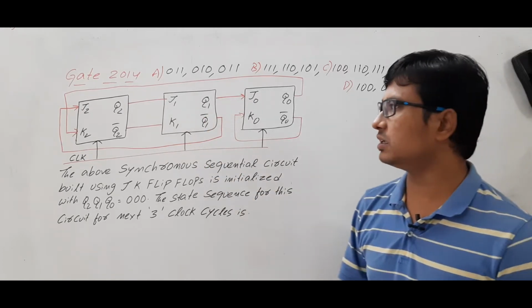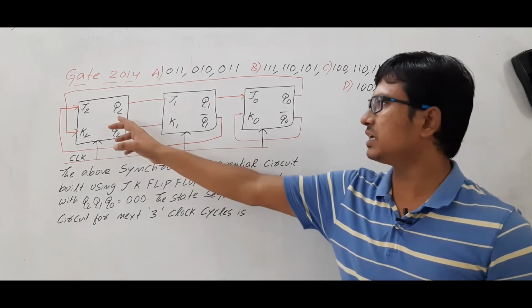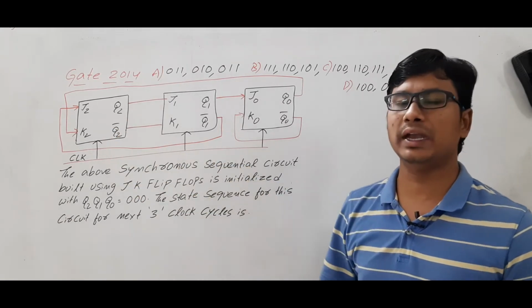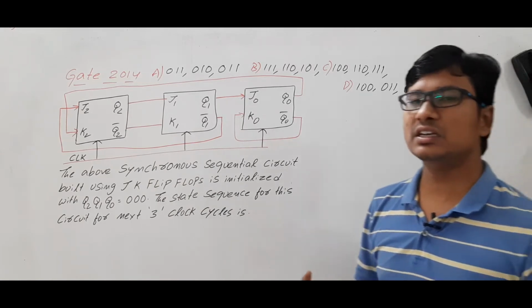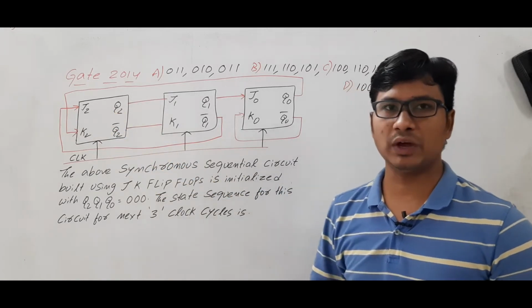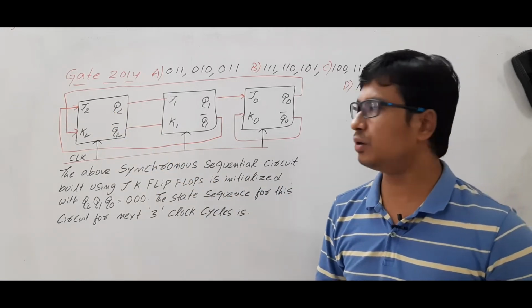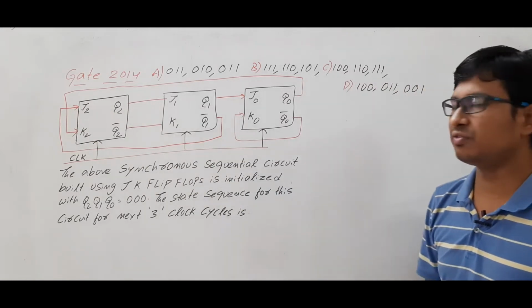Now if I want to find its next state, suppose I want to find Q2 next, because right now it is Q2. The next state will depend on its J and K and its present state value. Am I right or wrong? So now we will find the J and K value in each flip-flop.